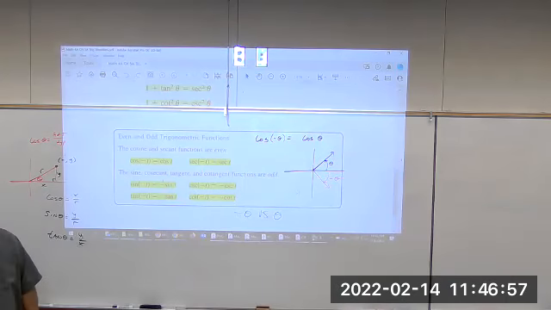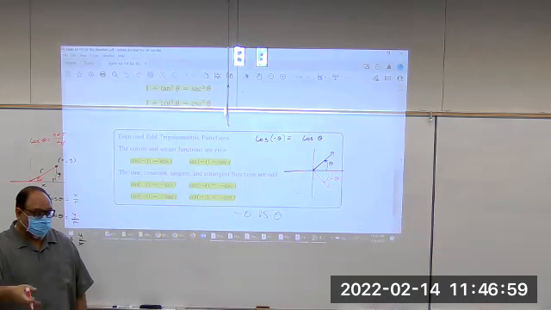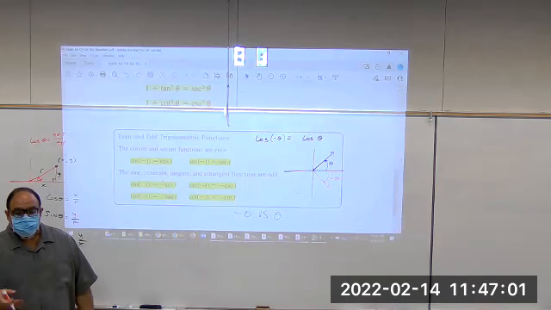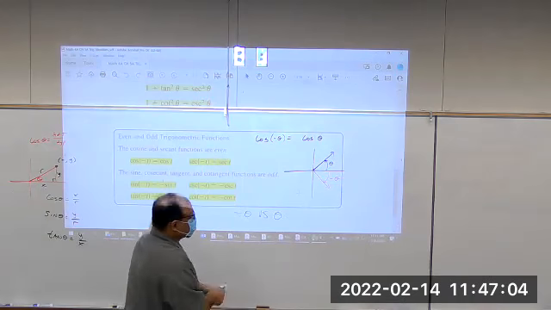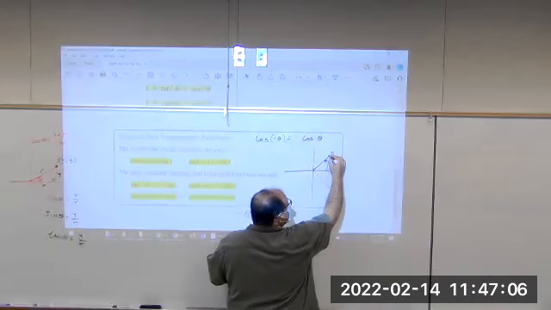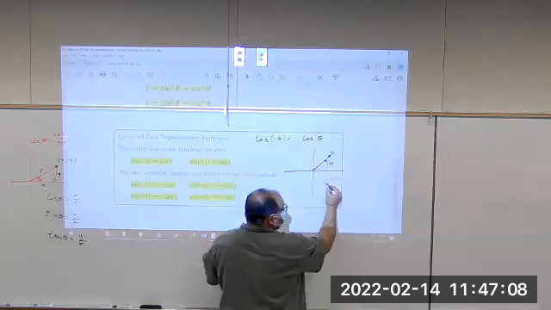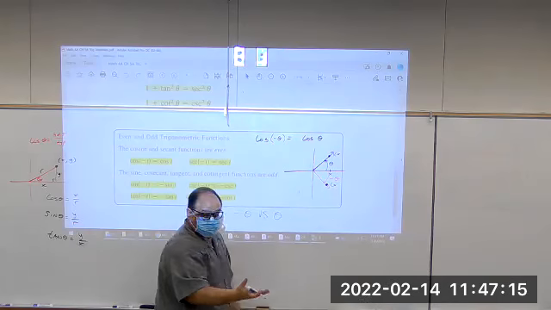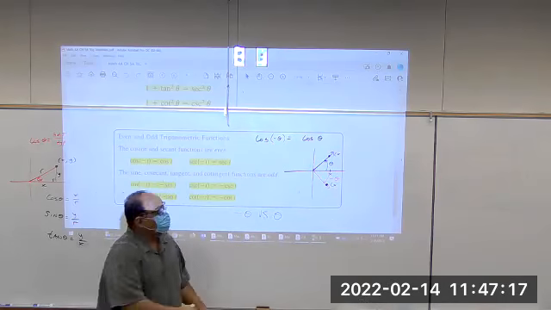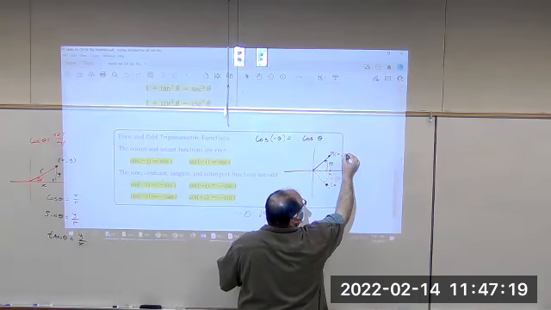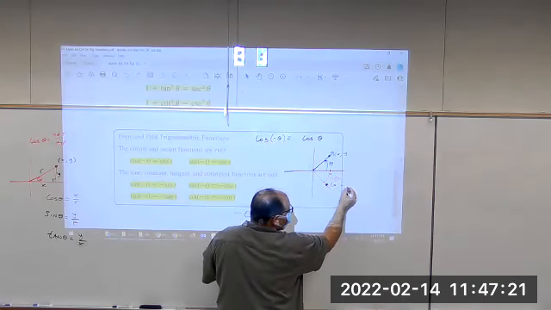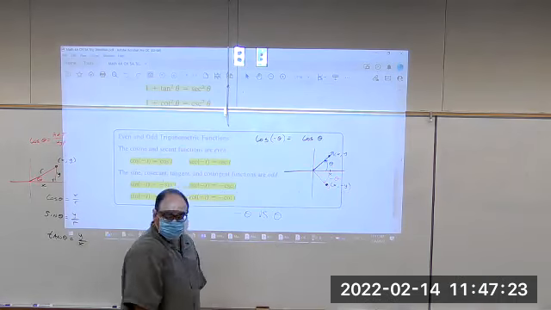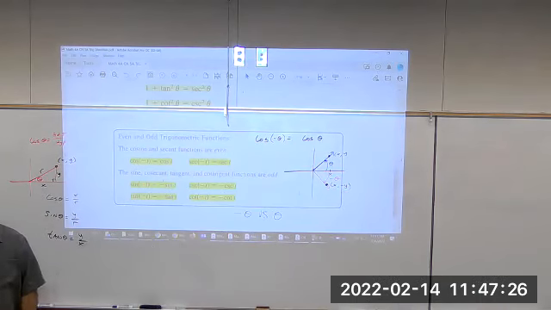Since the thetas are the same amount, one just goes up, one goes down, the x coordinates, whatever this x is at this point, down here it's going to be the same x. This x is the same there as it is here. The y's are different. The y up here is a positive y, but the y down here would be the opposite of that y, because it's down below. It's on the other side of the x-axis.